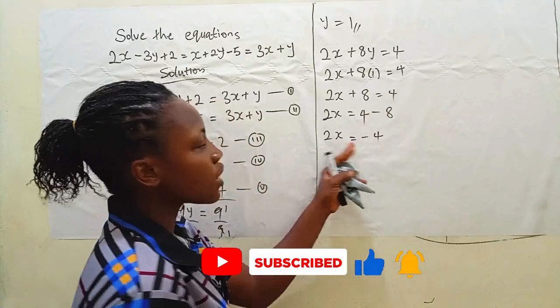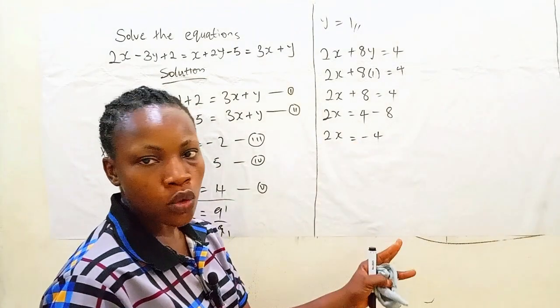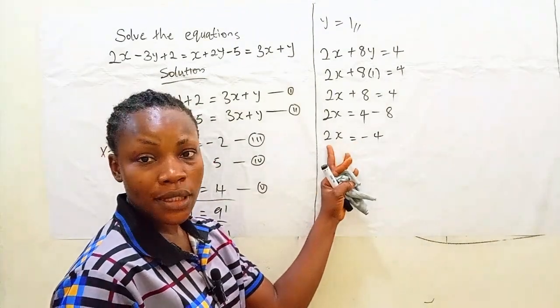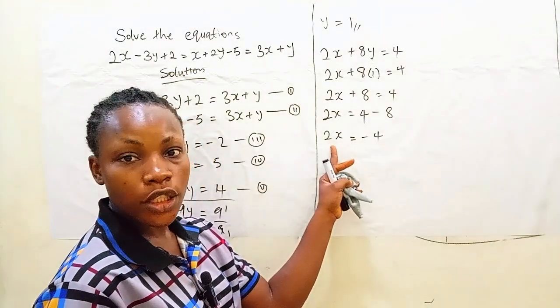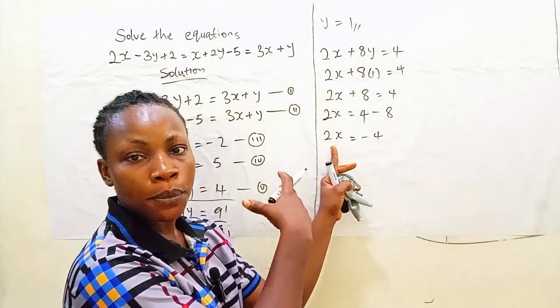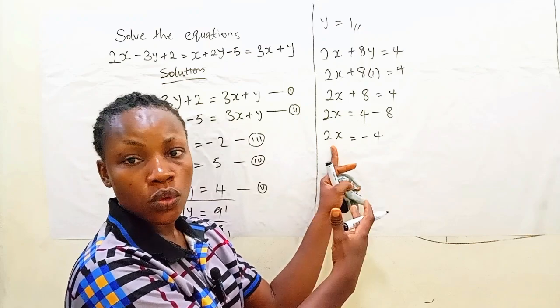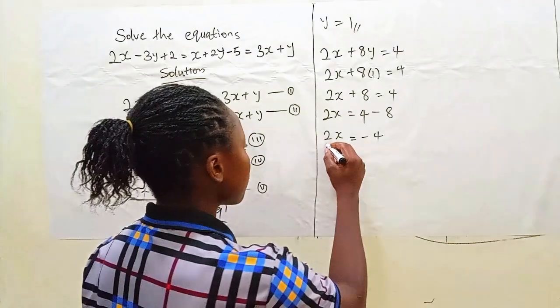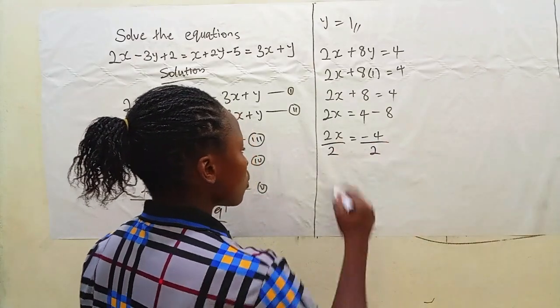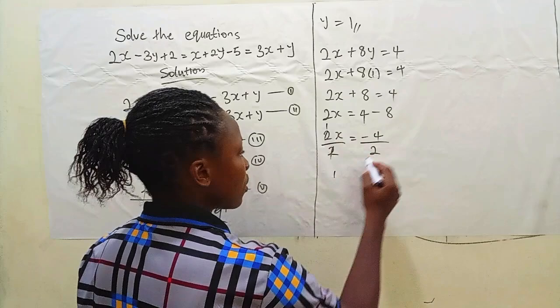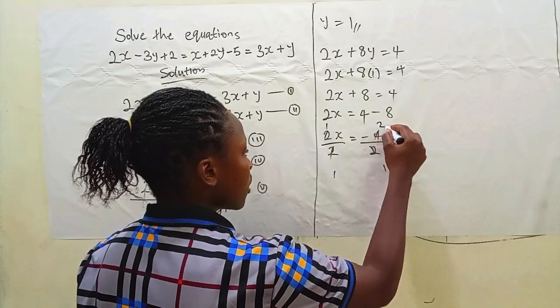So you're dividing both sides by what? By 2. That is the coefficient of this x. For us to be able to cancel out these 2, we are dividing both sides by 2. So we're going to have this over 2, this over 2. 1 here, this here is 2.